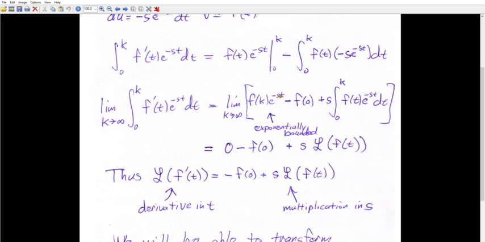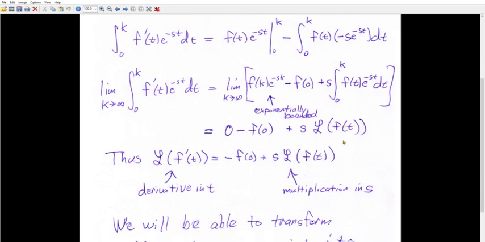And remember that f is exponentially bounded because it has a Laplace transform, which means this limit is going to go to 0 for some real s. And that means that all we're left with is this minus f of 0.